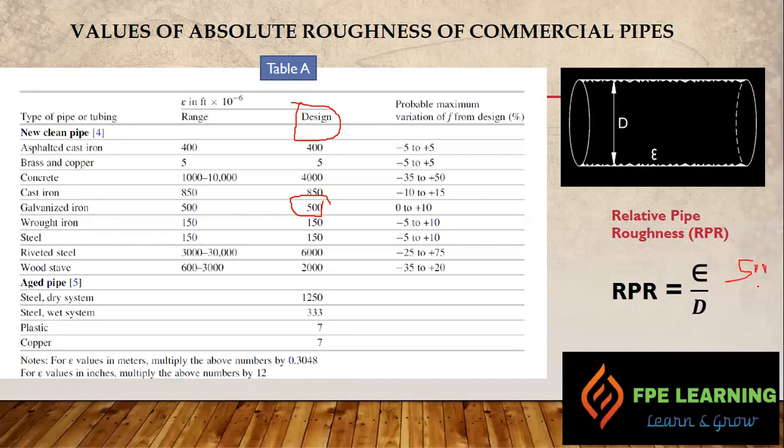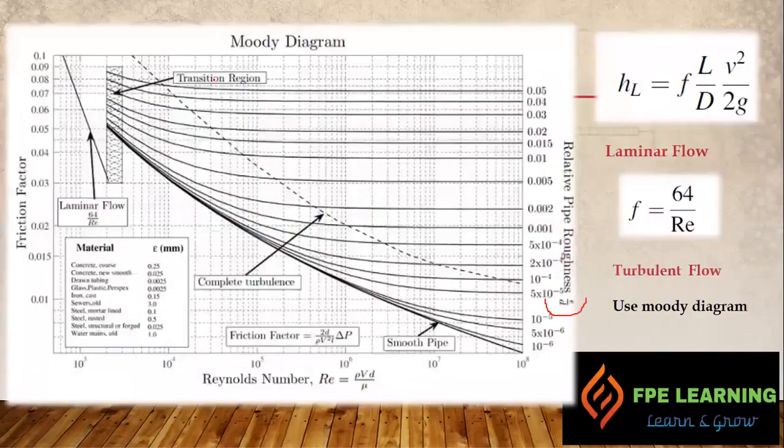It's not 500, it is 500 into 10 to the power minus 6, because the value we have to multiply by 10 to the power minus 6, and now we come into feet, and then take the diameter in feet. We got some RPR values. Directly from that, RPR values go on to these levels, find the Reynolds number, and go to the frictional factor we have done, right? So this is all about the Moody diagram.